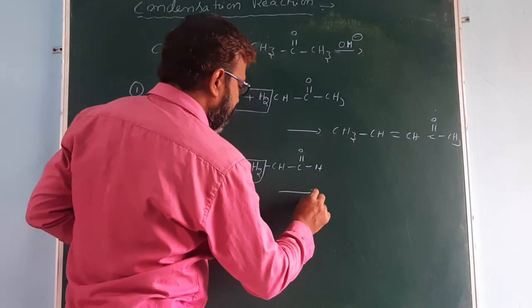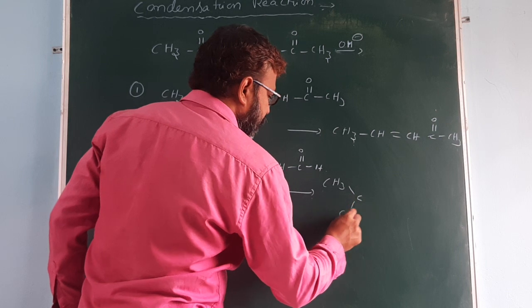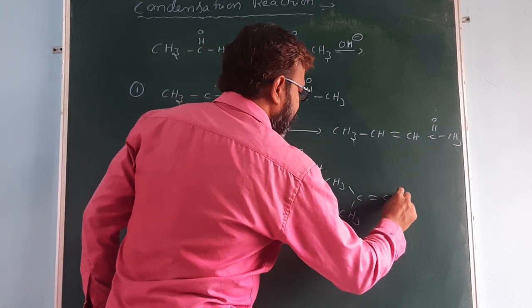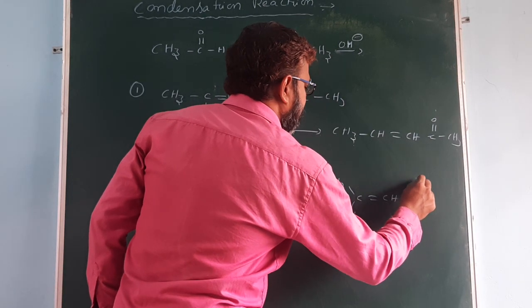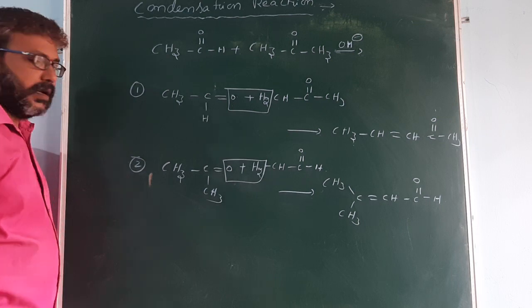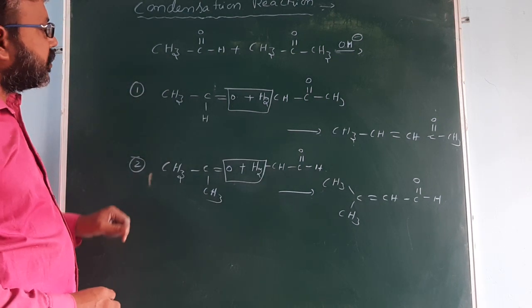It is also crossed aldol condensation. So CH3, C, CH3 double bond C, H, C double bond OH. You get the crossed product. So next one is self aldol condensation.